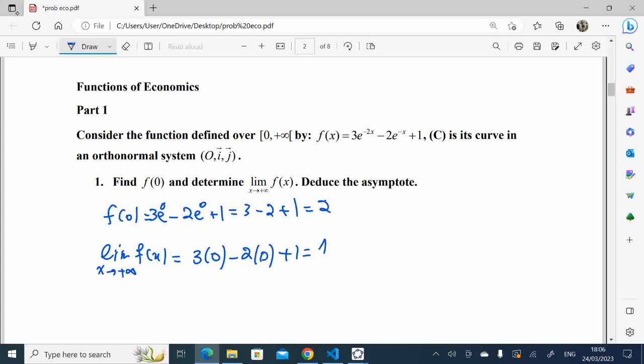Since as x approaches plus infinity f of x is 1, it means the line y equals 1 is a horizontal asymptote. Okay? So this is the first part. Let's go now to the second part.